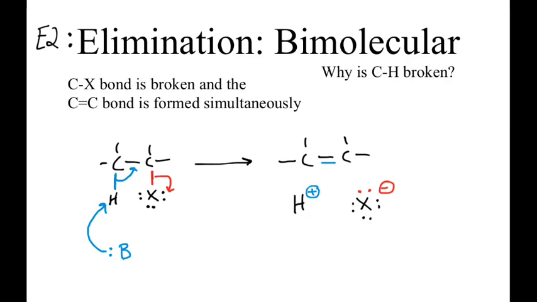So if we went ahead and looked at our product, we would no longer have H+, but we would have BH. Okay, and in theory, at least at this stage, we would say B positive.